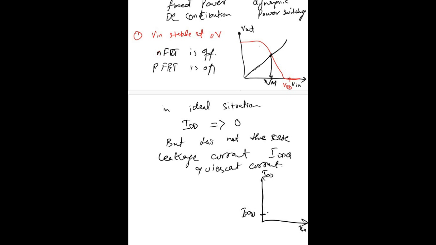But when we increase the voltage, the current starts increasing because both our MOSFETs start conducting. So at some point this reaches a peak value, and that peak value is our case 2.